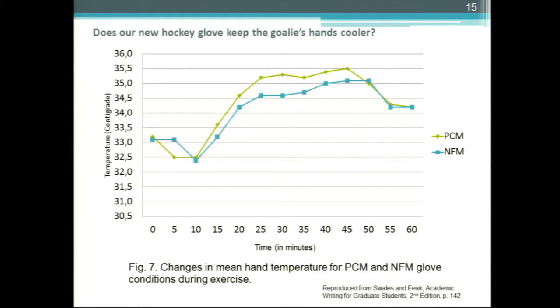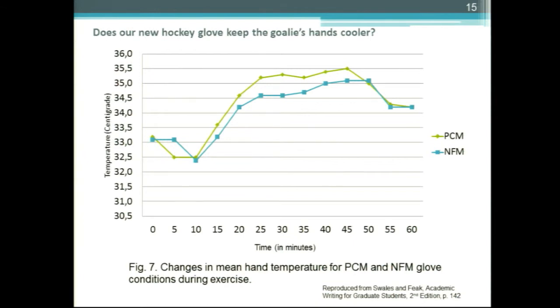This is taken from a textbook that we use in the academic writing class for the PhD students. The question that must have been behind the paper is that we have developed a new hockey glove for goalies.